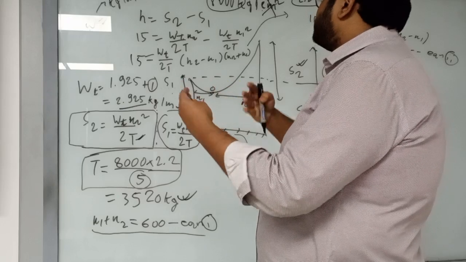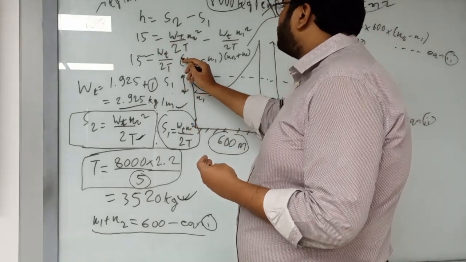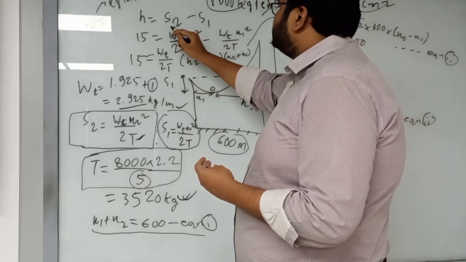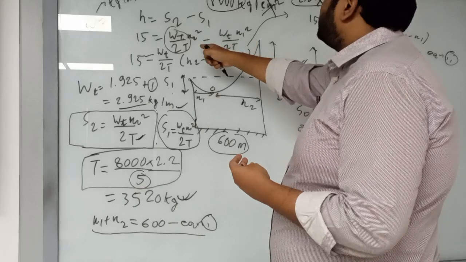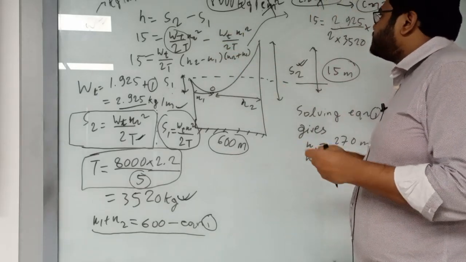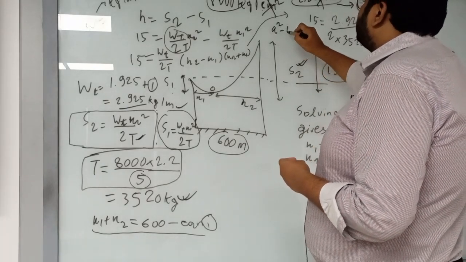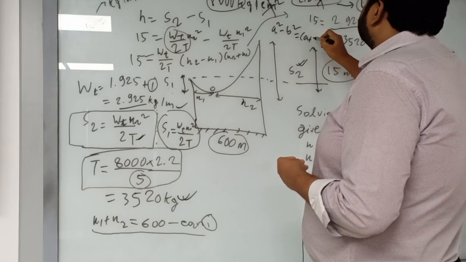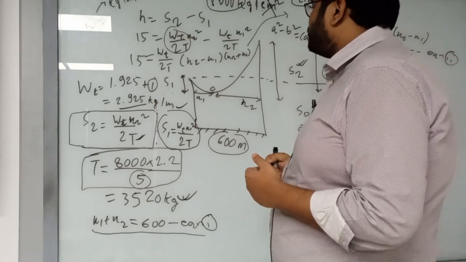Just normal algebra: I take Wt by 2 common, and what remains is x2 squared minus x1 squared. This falls under the formula a squared minus b squared equals a plus b times a minus b, the basic algebra formula we all know.